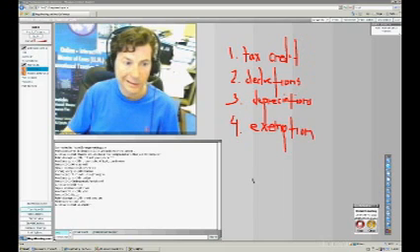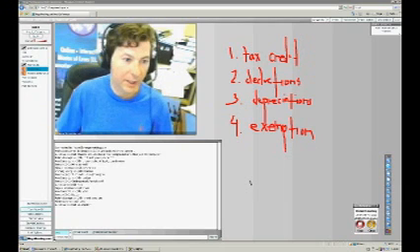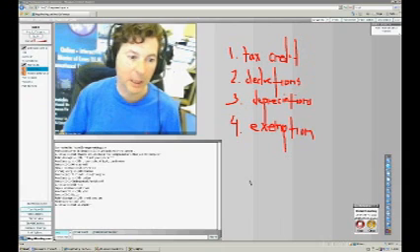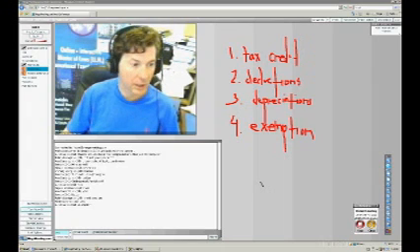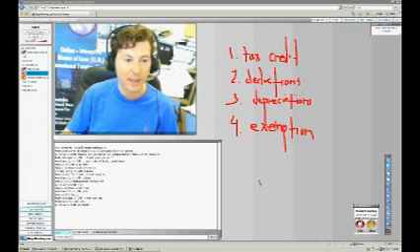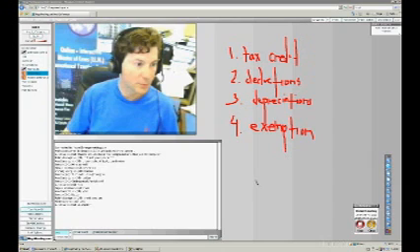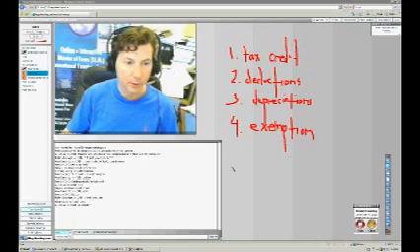As I've talked before, let's use our regular tax formula. This is the way I taught it last year. We used a lot of symbolic logic. I don't see any of the people from last year in class. But last year we used a lot of symbolic logic and formulas.